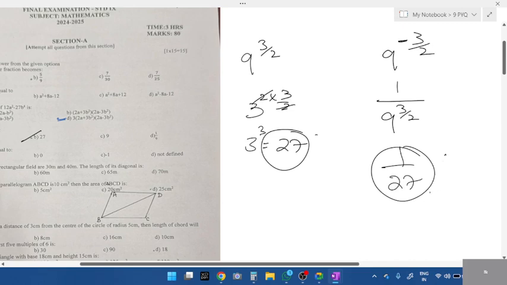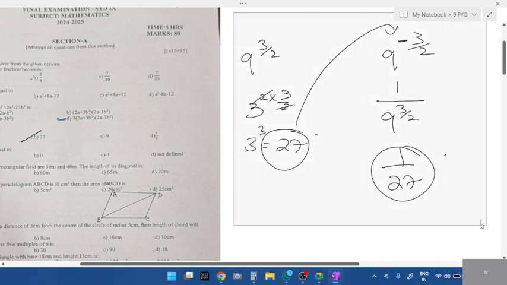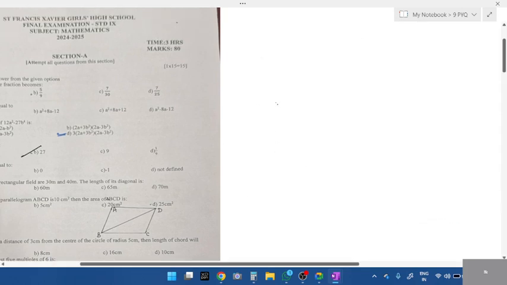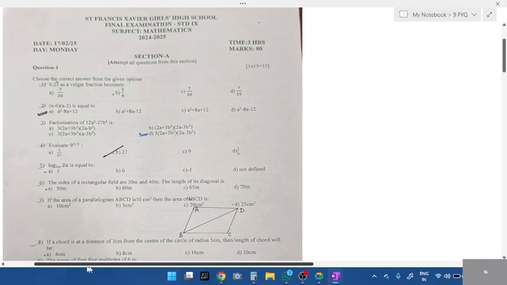That's it. Remember the logic. If power is negative, divide it by 1. 1 by 27. Understood? Then what are other questions you'll have? Power is negative. One question. Fine. They would give you questions like this. Okay, we'll solve. For now, that is correct.